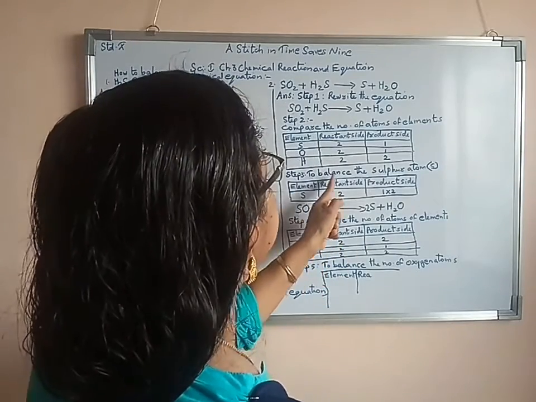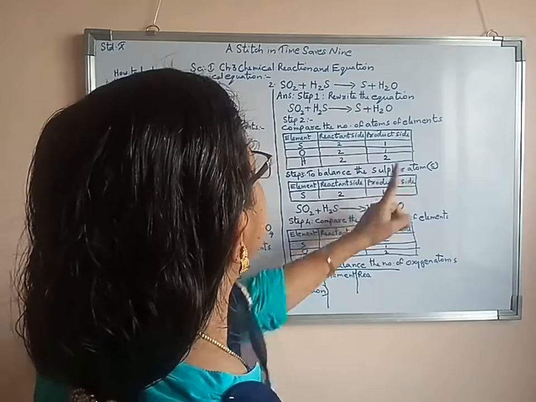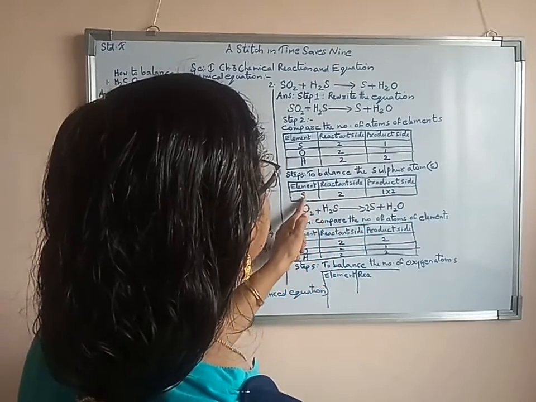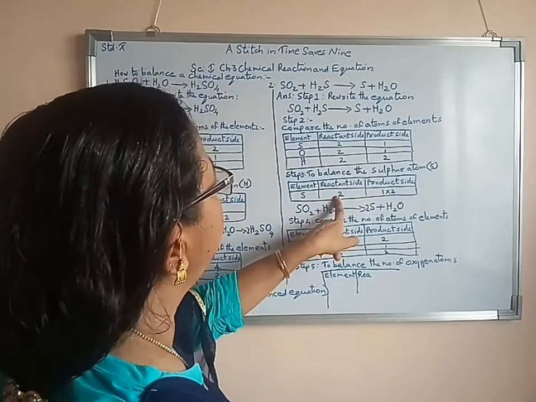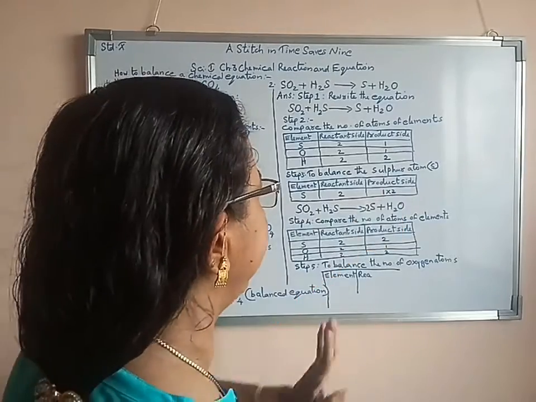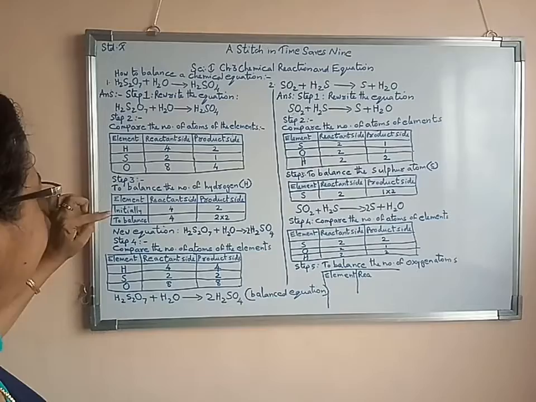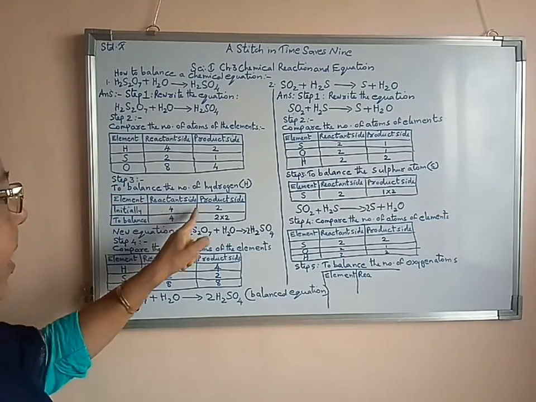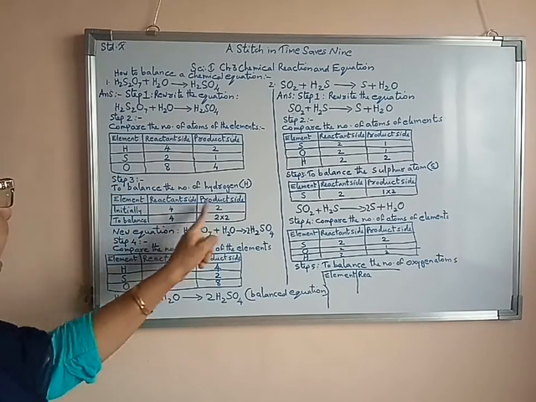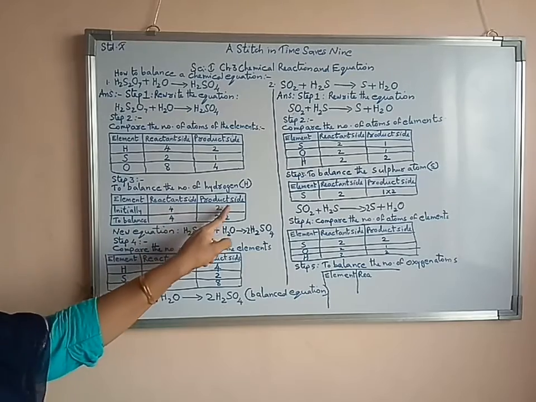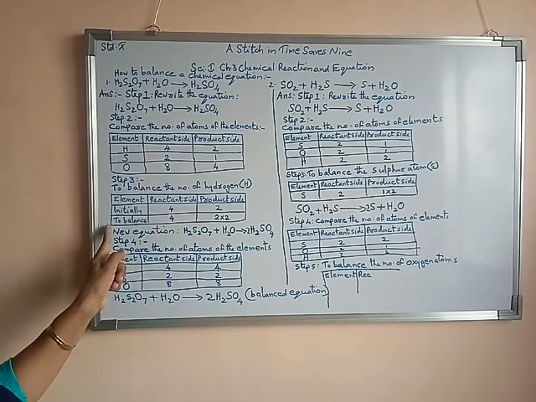Here in this case I directly wrote balance the sulfur atom. Starting sulfur I wrote, reactant side how many are there, then directly product side I wrote. Initially two steps were given: how many elements are there, how many atoms reactant side and product side, and afterwards balancing.